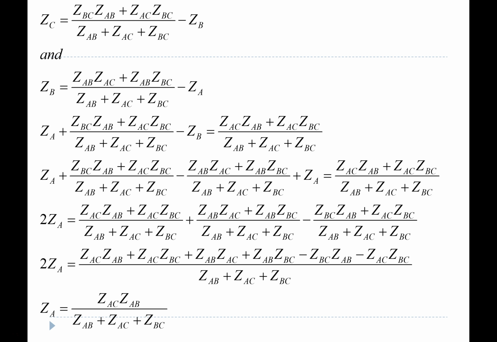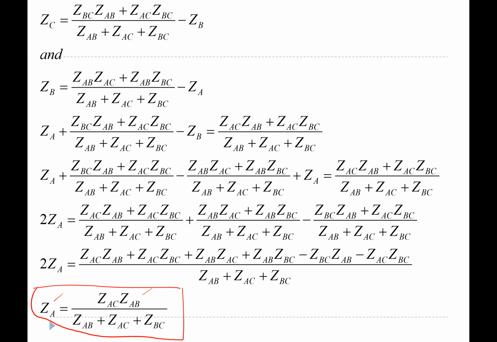What we have here is some manipulations of the equations, substitutions, and at the end of it, what we should get is this. This is ZA in terms of ZAC, ZAB, and ZBC. These are all the delta impedances, and this is the Y impedance. So if we have the delta impedance, this is what the Y impedance would have to be.